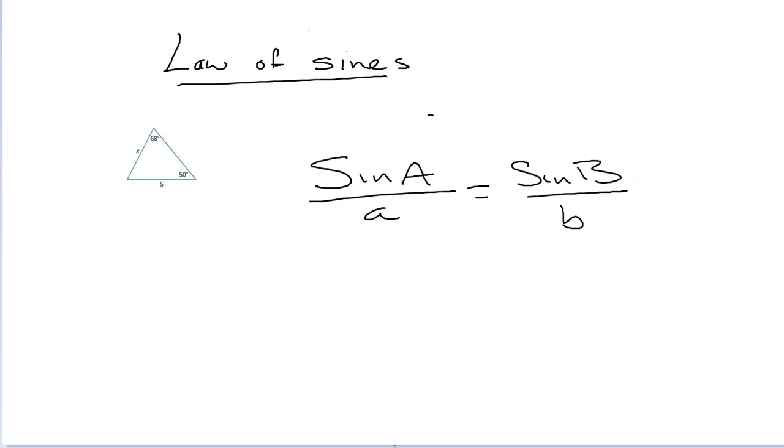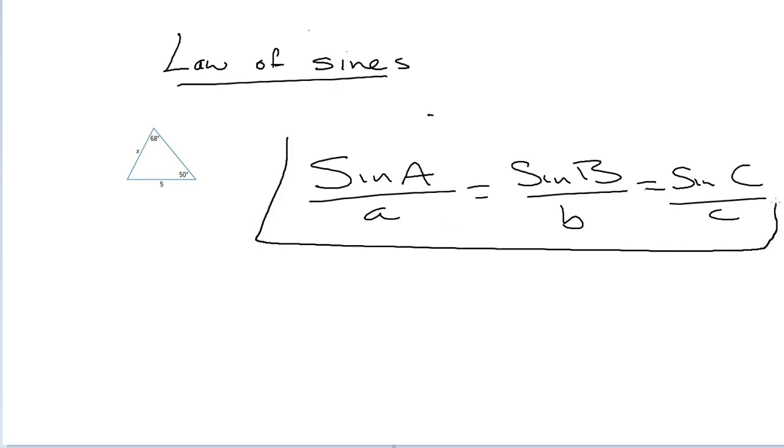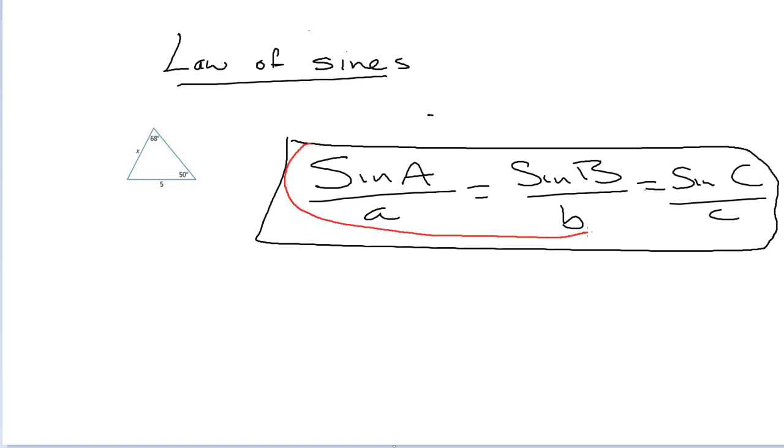And we can also set this equal to sine of angle C over side C. So in reality, all we have here, guys, is just a ratio. And as long as we can set up a ratio with three of the four given measures, then we can find the fourth one. Let me show you what I mean by that.